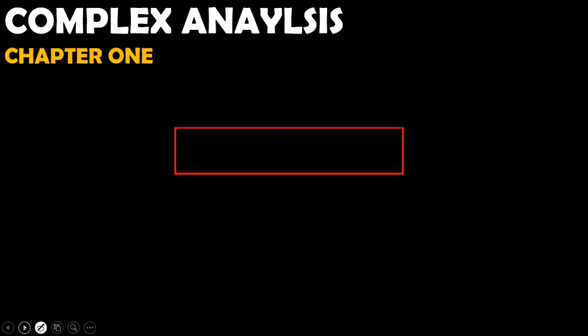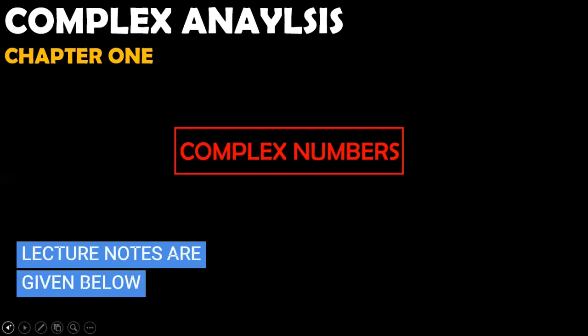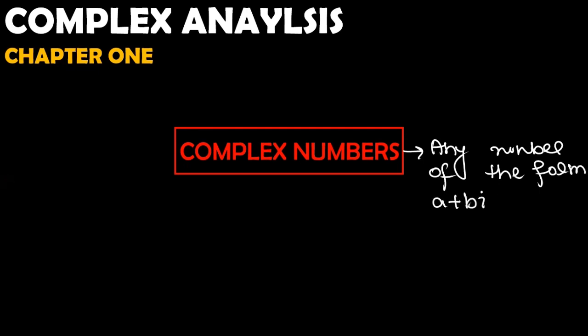Our next thing is the heart and core of this course, which is complex numbers. I want to write all the essential things for you in this slide and the next slide, so please write carefully all the things in your notebooks. The first thing is that any number of the form a plus b iota, where a and b belong to the real numbers, is called a complex number.